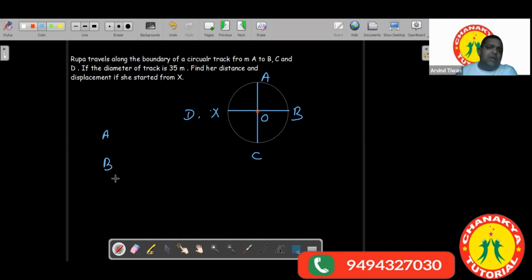When she is at B, when she is at C, and when she is at D. So you have to find out what will be her distance and what will be her displacement.